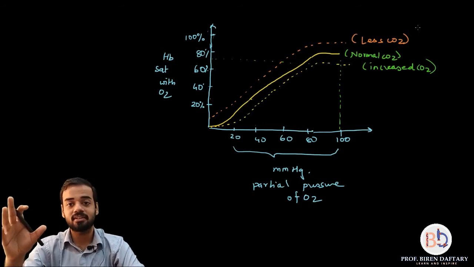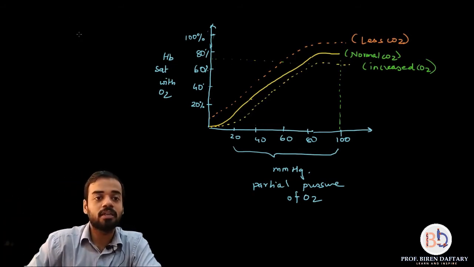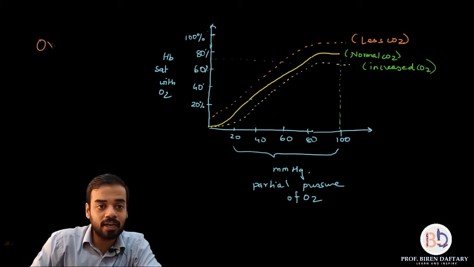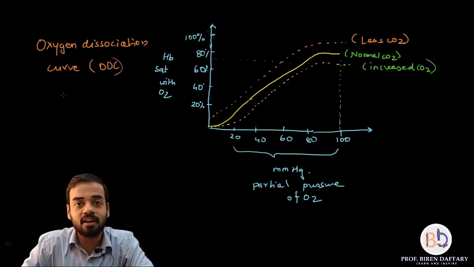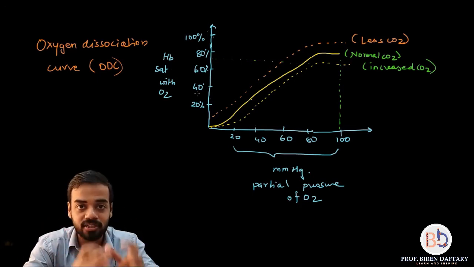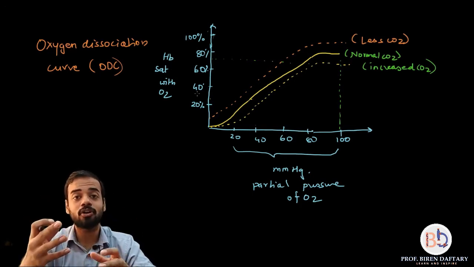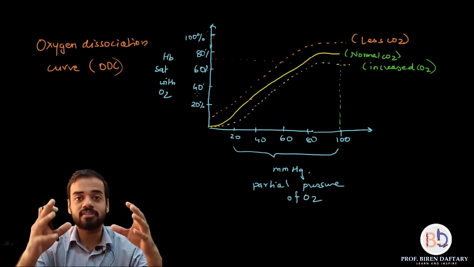Is this clear? Okay, so this graph which I have drawn is commonly called the oxygen dissociation curve, and the short form is ODC. This graph is also called the oxyhemoglobin dissociation curve, or the oxygen hemoglobin dissociation curve.